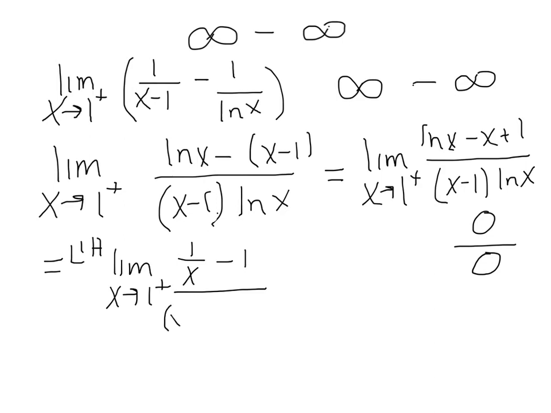So I'm going to leave the x minus 1 alone, take the derivative of natural log of x, so times 1 over x, plus, now we take the derivative of x minus 1, which is just 1, times natural log of x.